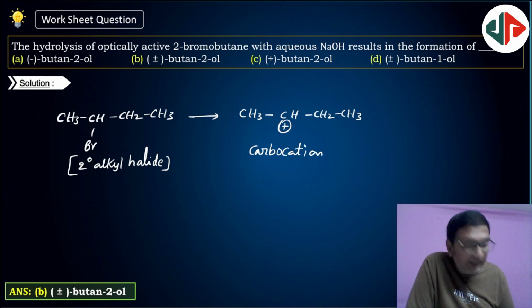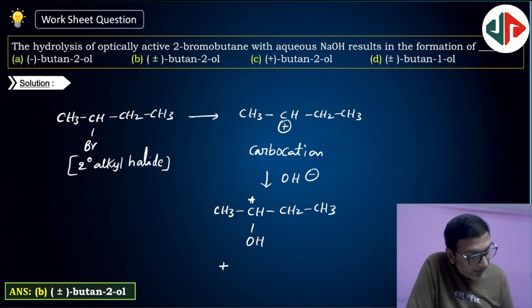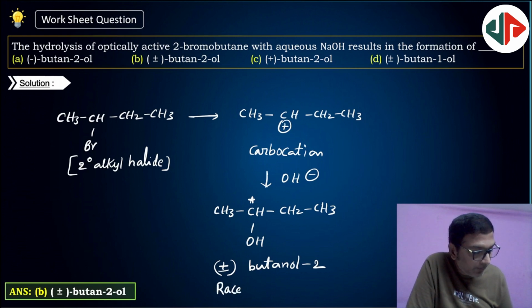The carbocation will be attacked by OH minus from two directions, above the plane and below the plane. So it gives OH, which is optically active. Therefore it gives a racemic mixture of butanol-2. Racemic mixture.